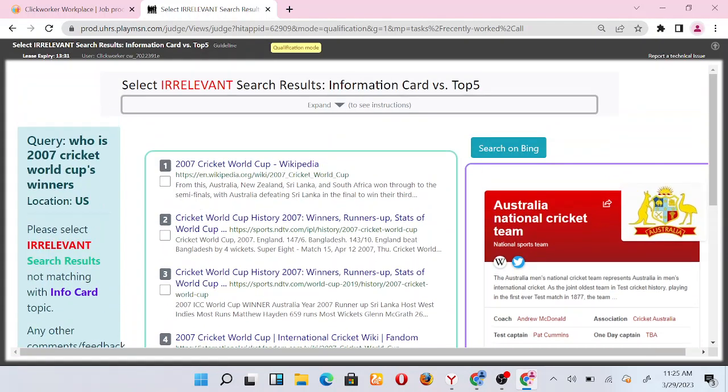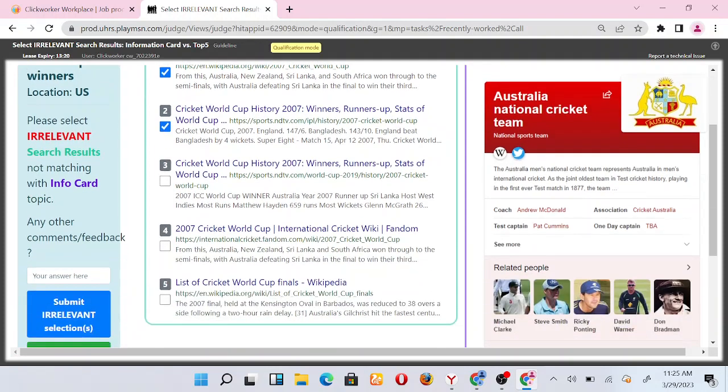Now I see from this Australian the 2027 Cricket World Cup. This one is not talking about Cricket World Cup. It's talking about the different Cricket World Cup history, runner-up, Cricket World Cup. They are all general, even if it includes this thing Australia, but it is not explicit to Australia. So you have little information about Australia. I don't know if you want to say look a little bit because they are all Australian cricket team here.